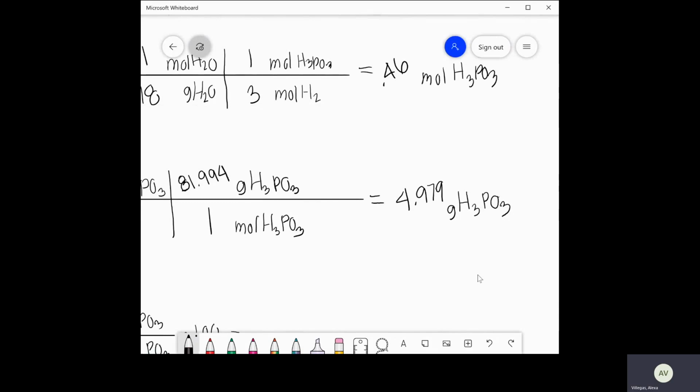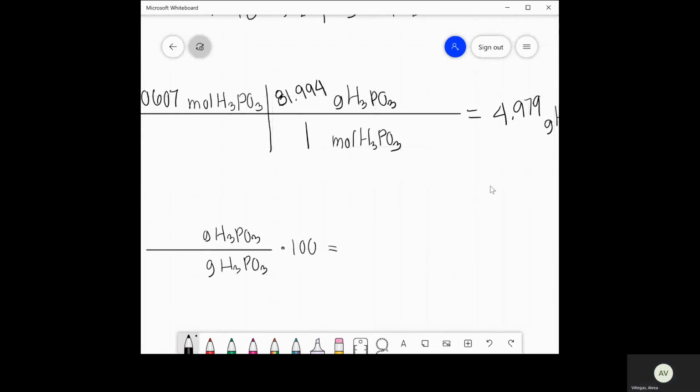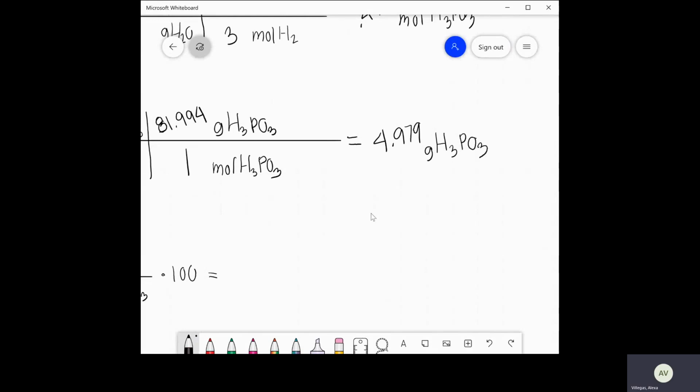And let's see here. I want this to be 2 sig figs, so 5.0 grams of phosphorus acid. That is how many grams of phosphorus acid should form.